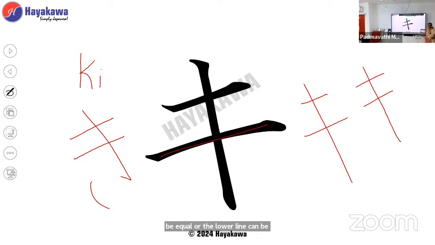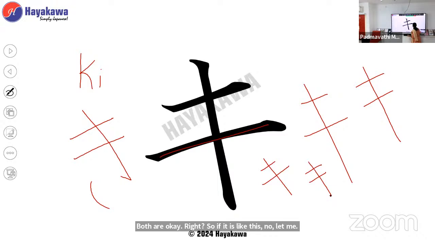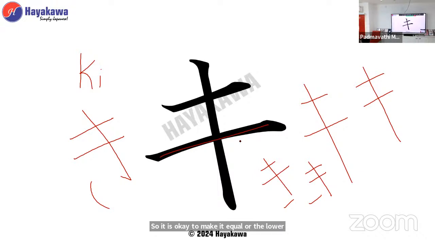Both are okay, because there is no other hiragana or katakana in this pattern, so you will not get confused. So it is okay to make it equal or the lower line longer. This is going to be ki.